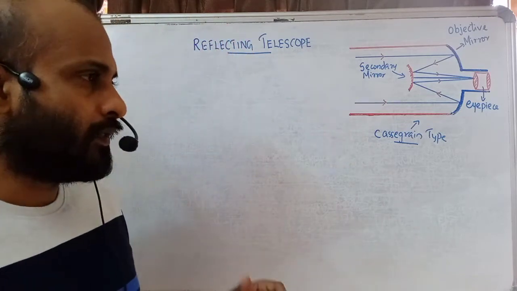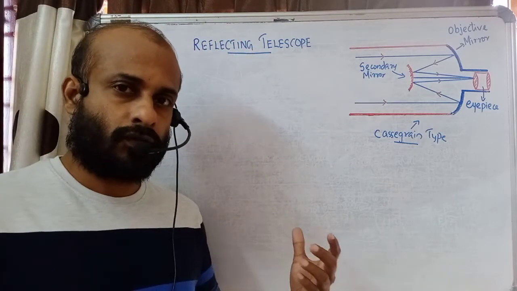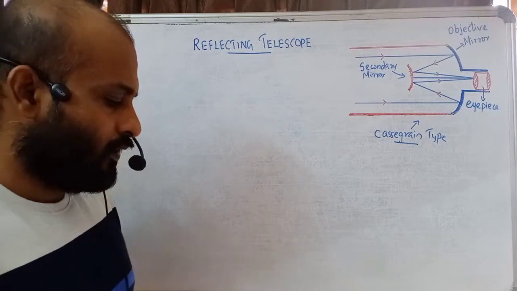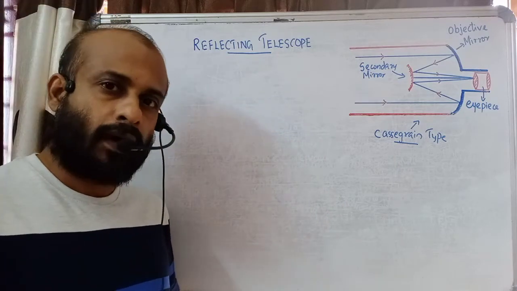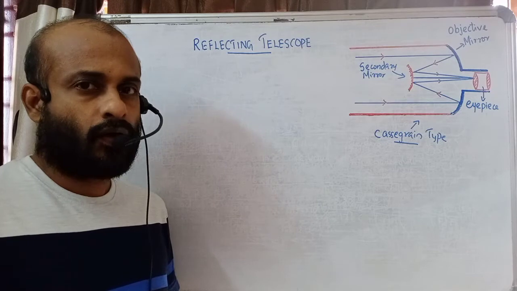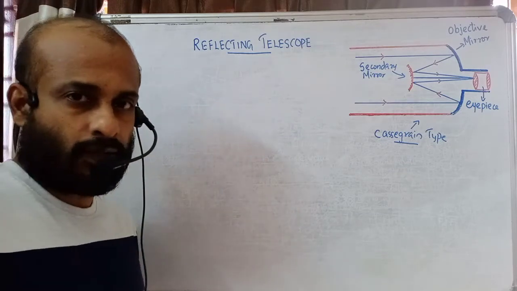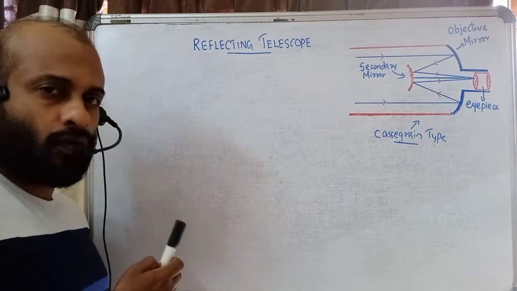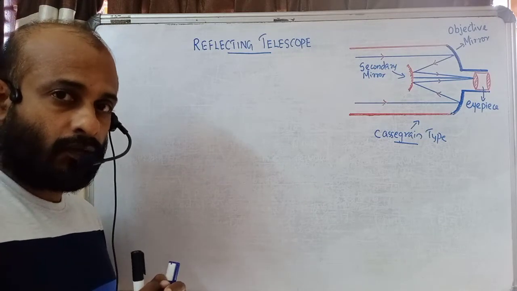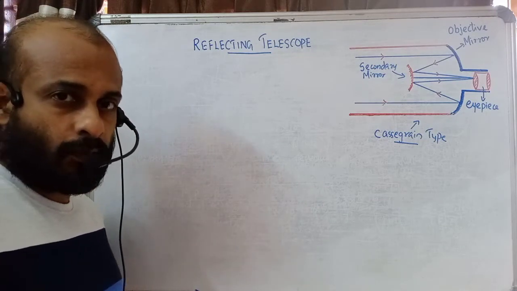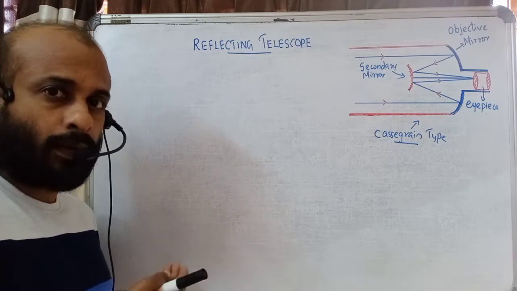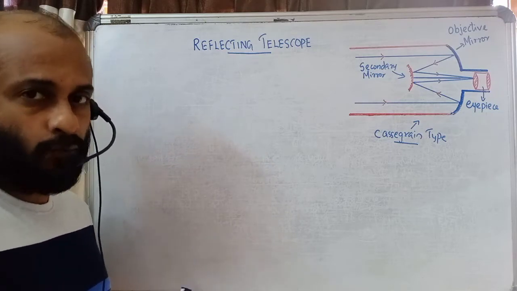Now, before understanding the actual working of the telescope, we will see what will happen when parallel light rays fall on a concave mirror. Concave mirrors are spherical mirrors. But here we are not using a spherical concave mirror; we will use a concave mirror having a parabolic shape. We can say a parabolic mirror.